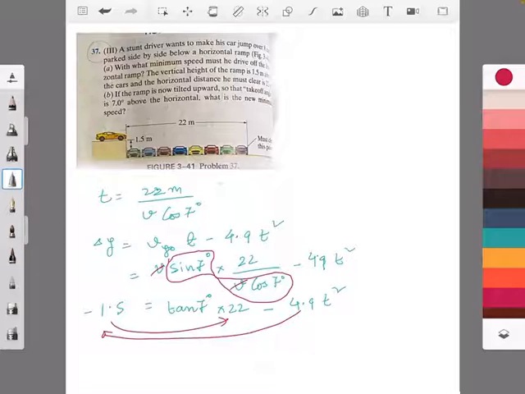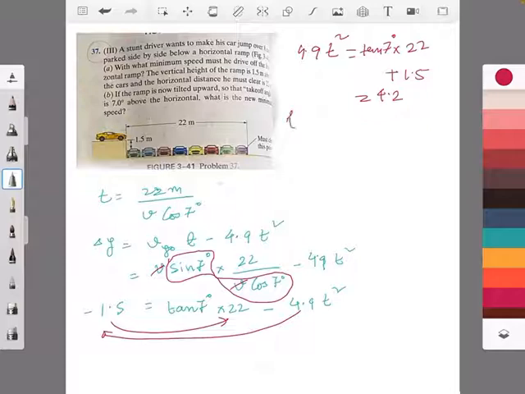So 4.9 t squared equals tan 7 degrees times 22 plus 1.5, which again you have to use the calculator, which comes out to be 4.2.